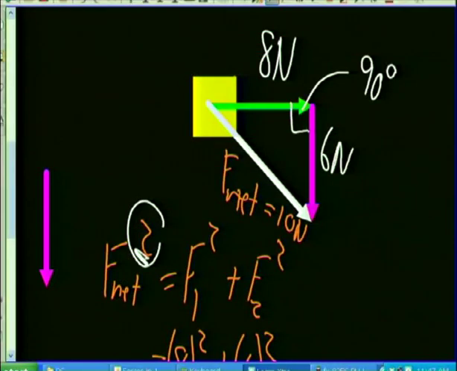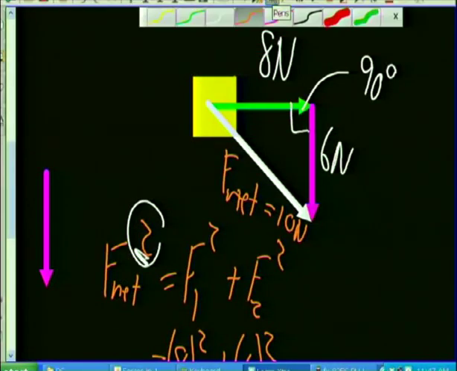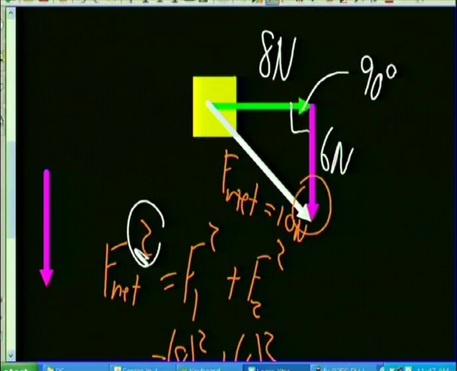Now, please don't think that this triangle is in equilibrium. It's not. You can see that very carefully if you take a look at the direction of the arrows. Notice here, where the resultant is, there you've got arrows head to head. That means that you've got a resultant.